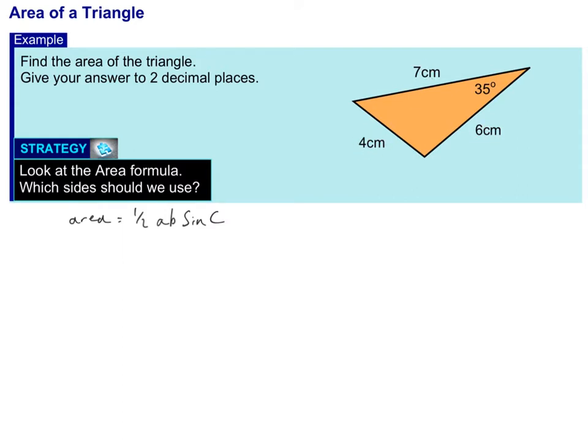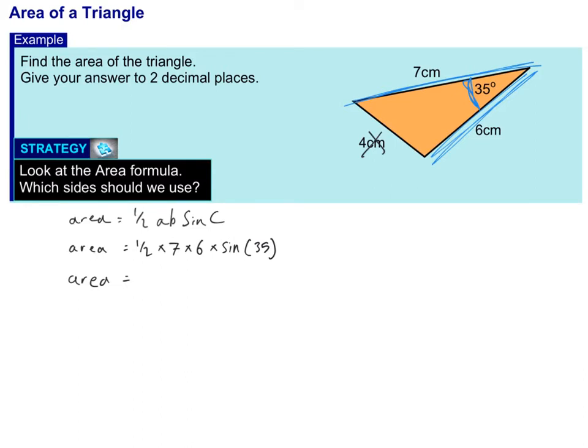We've been given three sides, we only need to substitute two in. We've got this angle here, so we need to use the two sides that are containing it. So the 4 centimetres here isn't actually required. The area is going to be a half of one side times the other times the sine of the angle containing them.